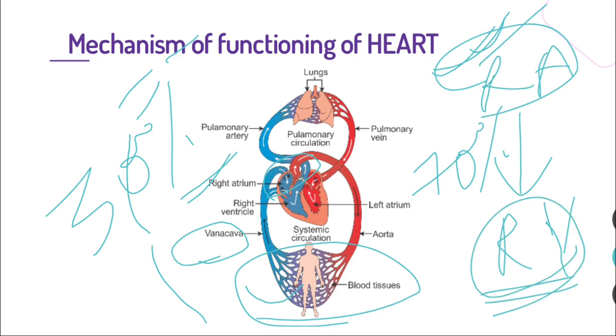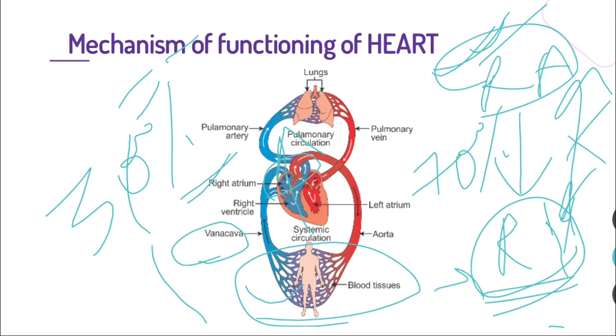This right ventricle contracts with high pressure. When it contracts, the blood can flow back towards the right atrium. In order to prevent this, we have the presence of the tricuspid valve.